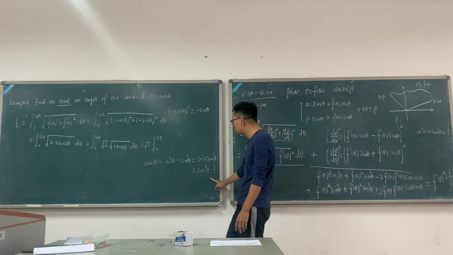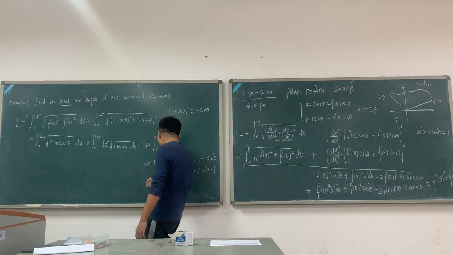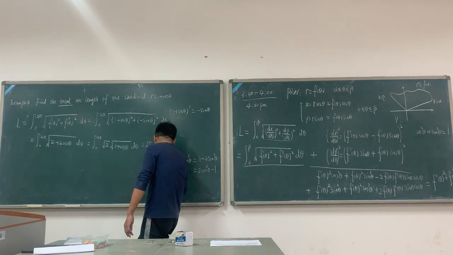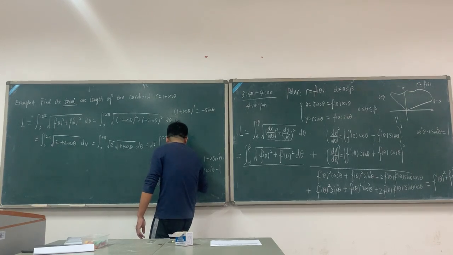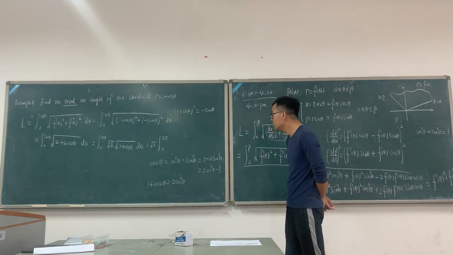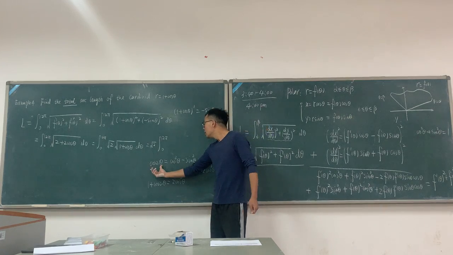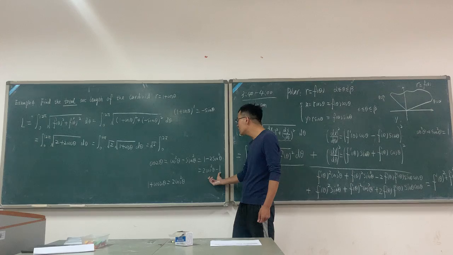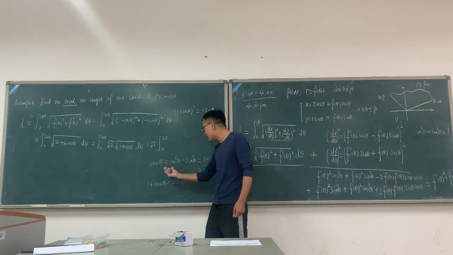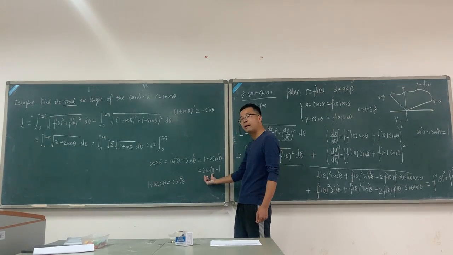So here means 1 plus cosine 2 theta equals 2 cosine theta square, yeah? We add 1 on both sides.